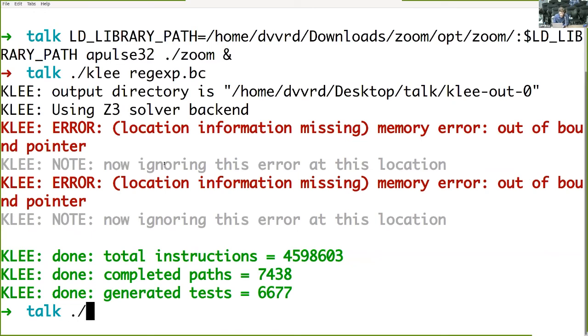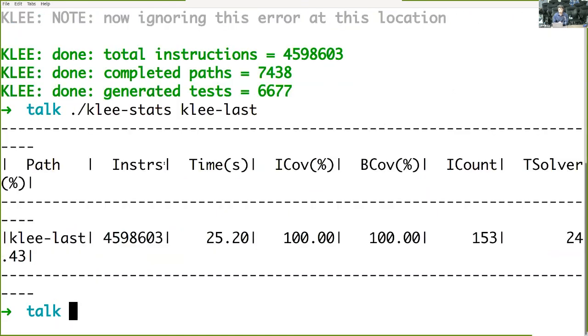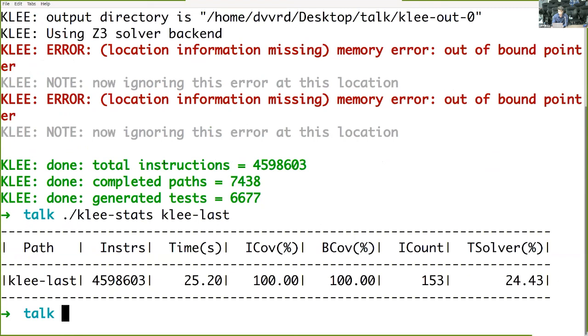Let's see klee-stats. We have this tool called klee-stats that shows what just happened. Let me decrease the size of the font. Yeah, so here we have detailed statistics of what just happened in the last run.